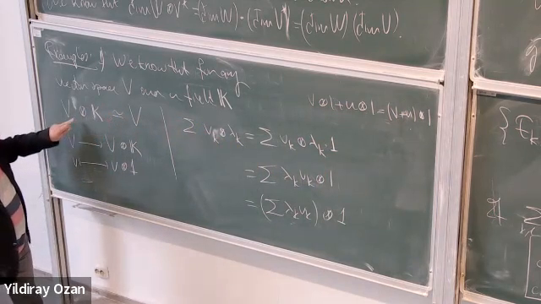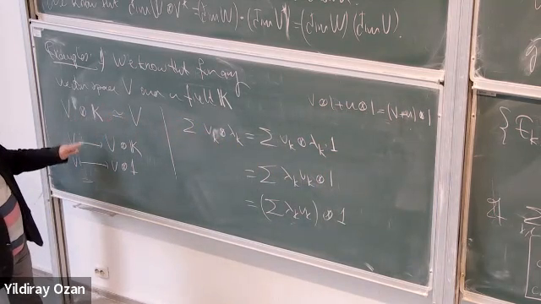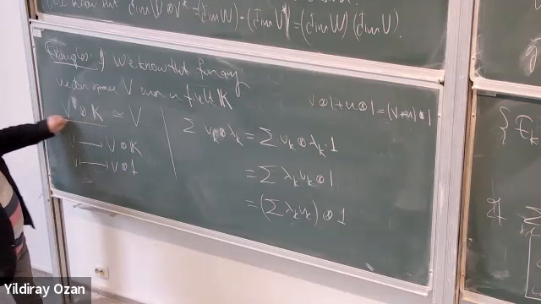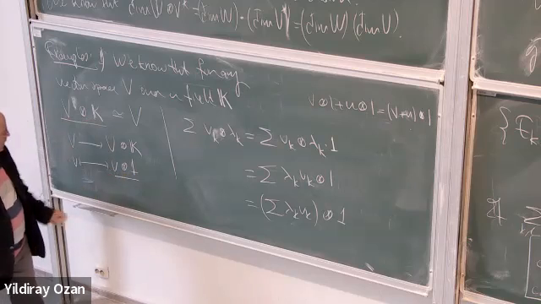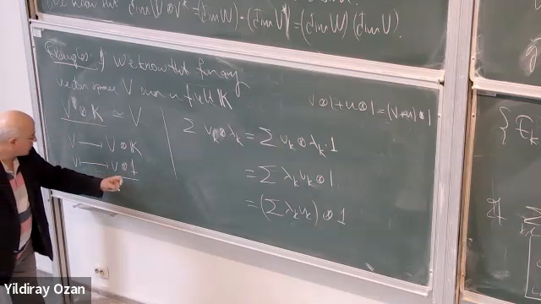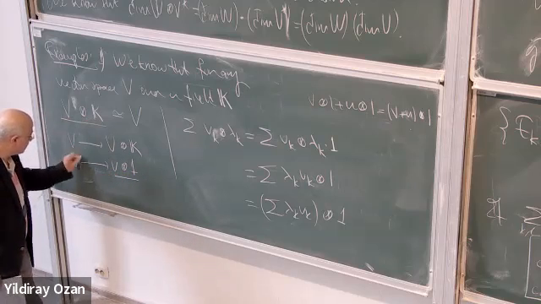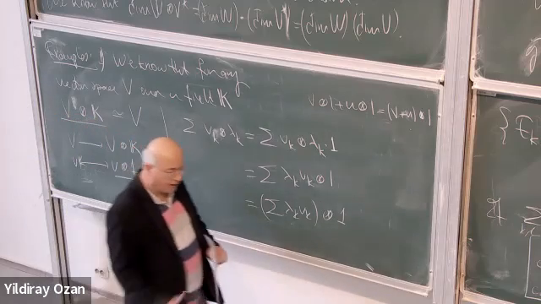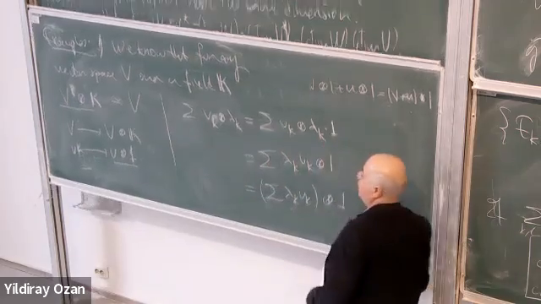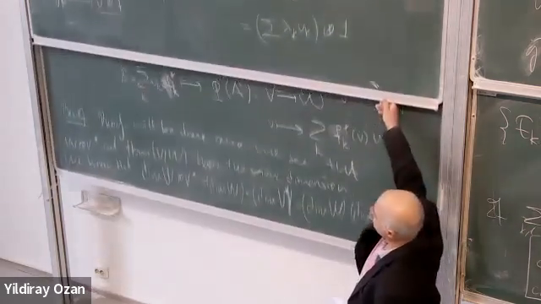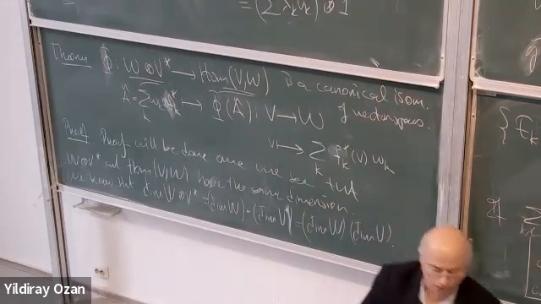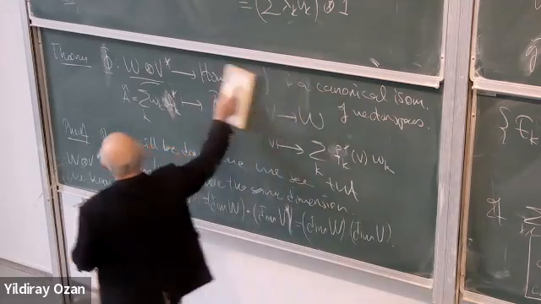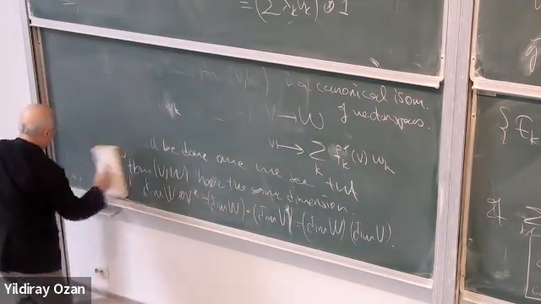Because any element here, yani şuradaki her eleman zaten böyle yazılabiliyor. Değil mi? Any element here can be written like this. And so I just map this element to this element. Therefore, this is a canonical isomorphism. Yani bir vektör üzerine kendi fiilinde tensörü çarparsanız yeni bir şey elde etmezsiniz.